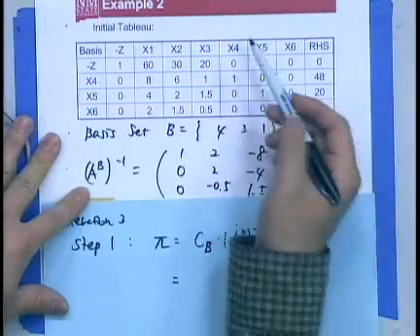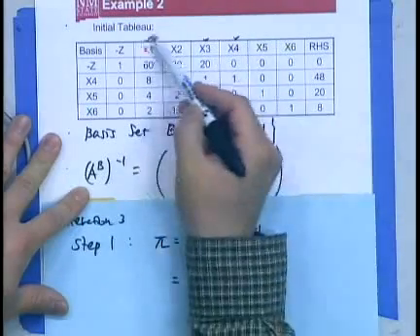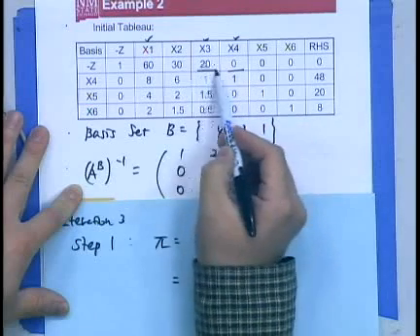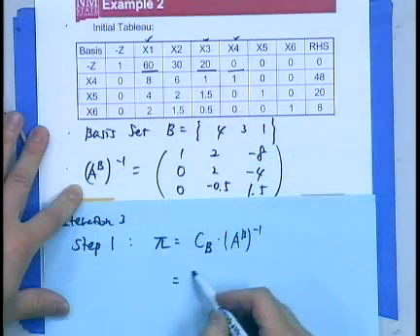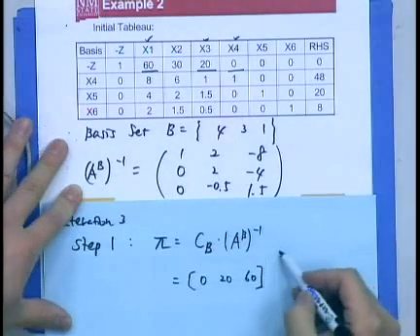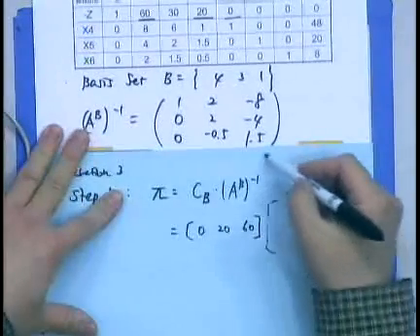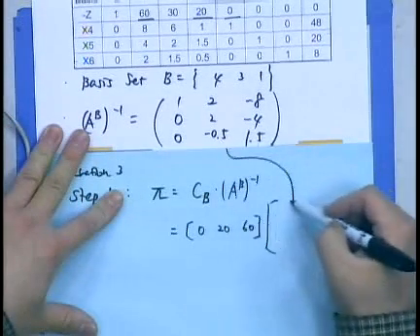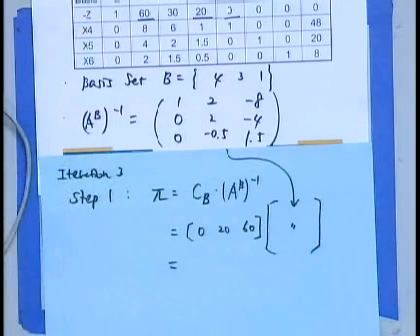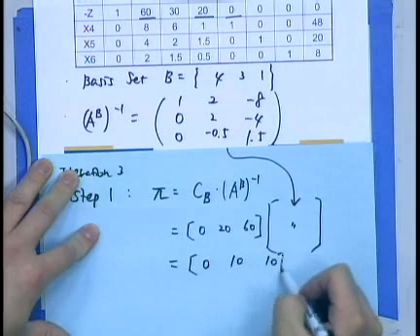Currently, the basis set is x4, x3, and x1. So CB becomes 0, 20, and 60, right? And we've got the new basis inverse matrix right here, right? Then it becomes 0, 10, 10, okay?